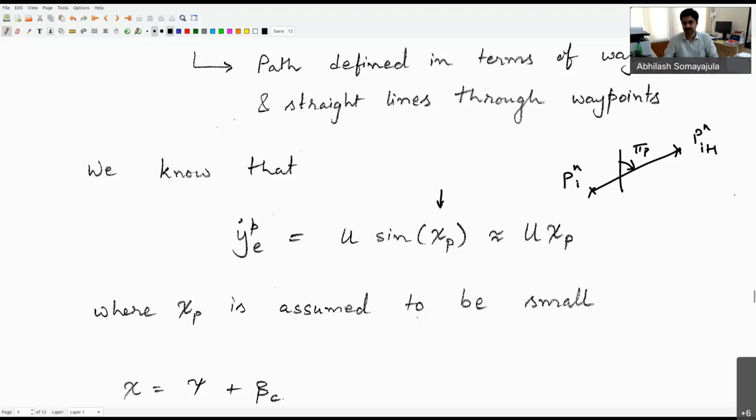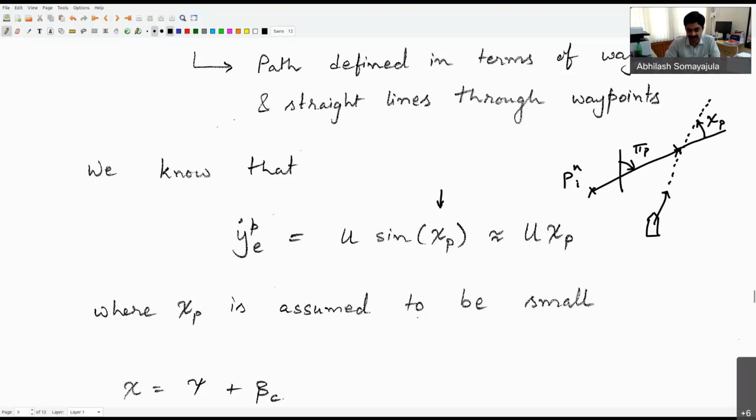Okay, all right. And then if the craft was located at some distance away, with a velocity directed, let's say somewhere like this, then I am looking at the angle between these two, which was given by chi p.